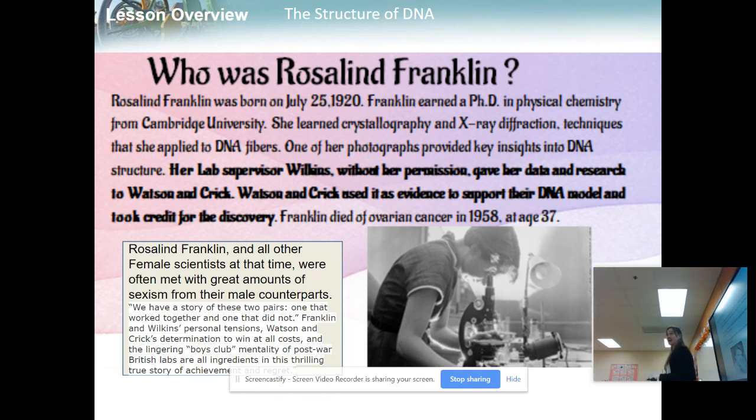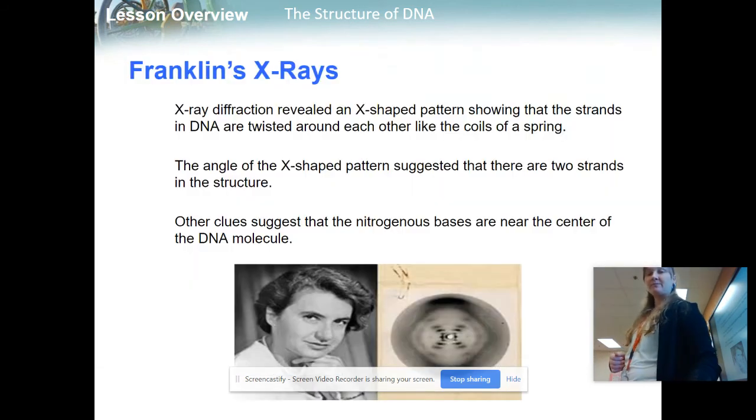Was it nice? Absolutely not, right? And so they wound up publishing a paper using her data to back up their ideas. They didn't do any experimentation that actually worked. All their experimentation was based off of hers, and they did not give her any credit.